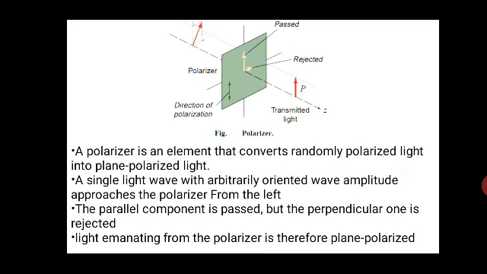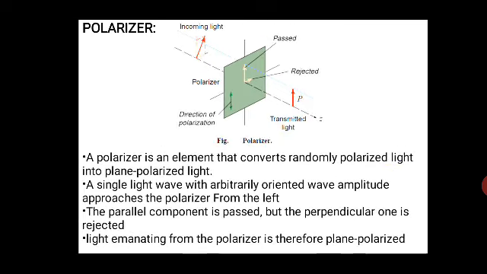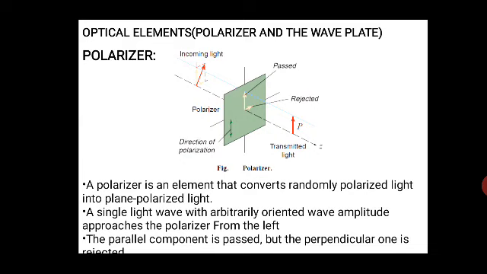Therefore, the light emitting from the polarizer is called plane polarized light. This is the first element, the polarizing element.